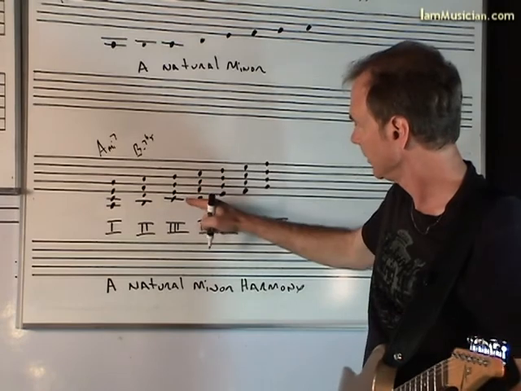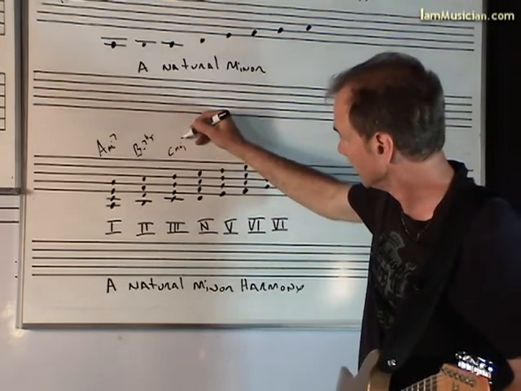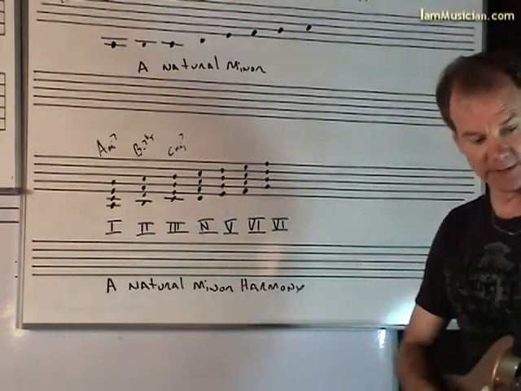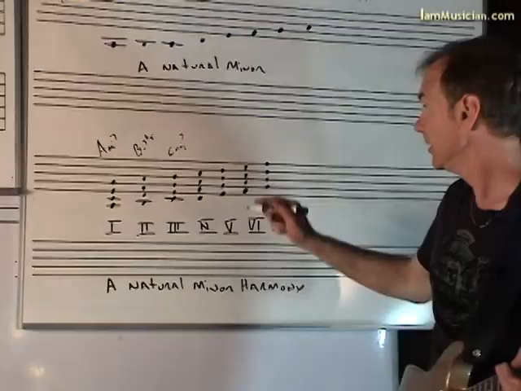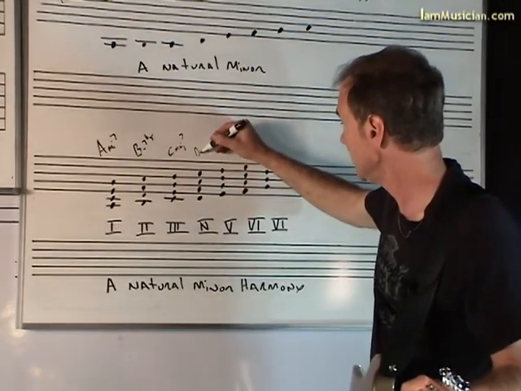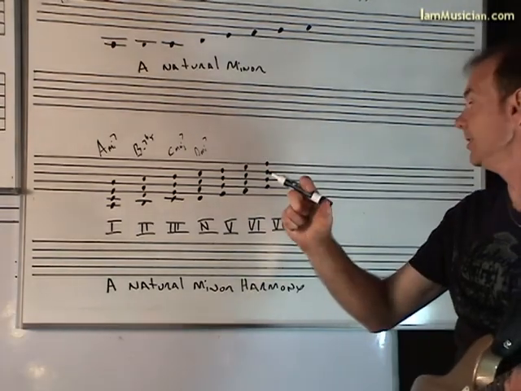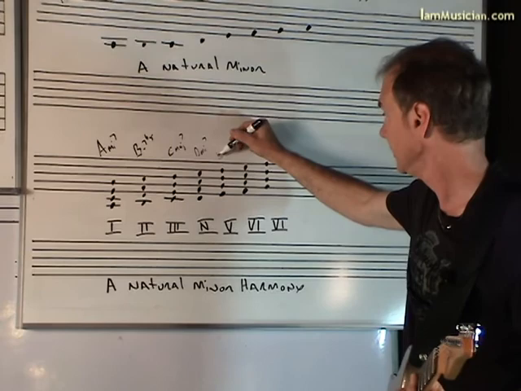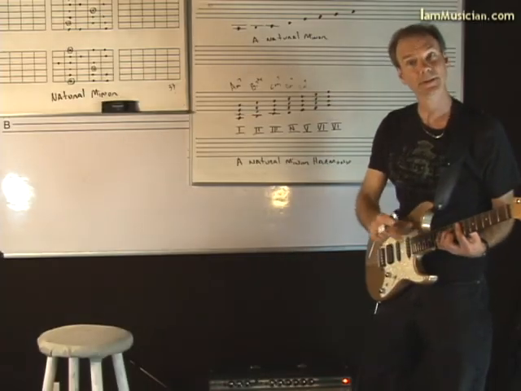The third chord becomes a C major 7. That's this kind of sound. The fourth chord becomes another minor 7 chord, in this case D minor 7. Sounds like this. The fifth chord becomes an E minor 7th chord.